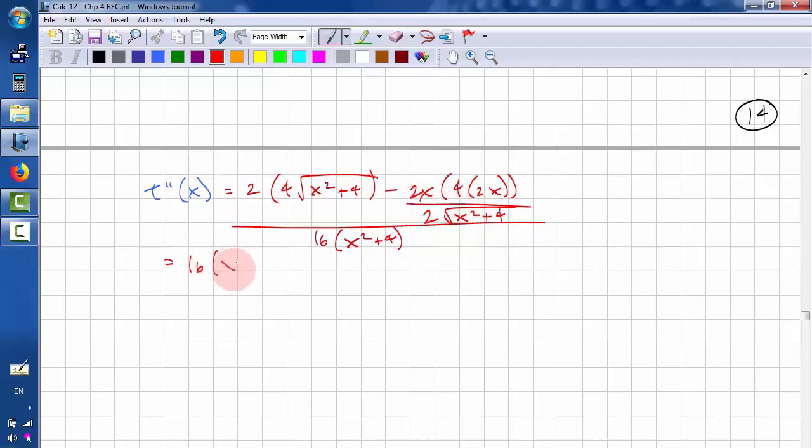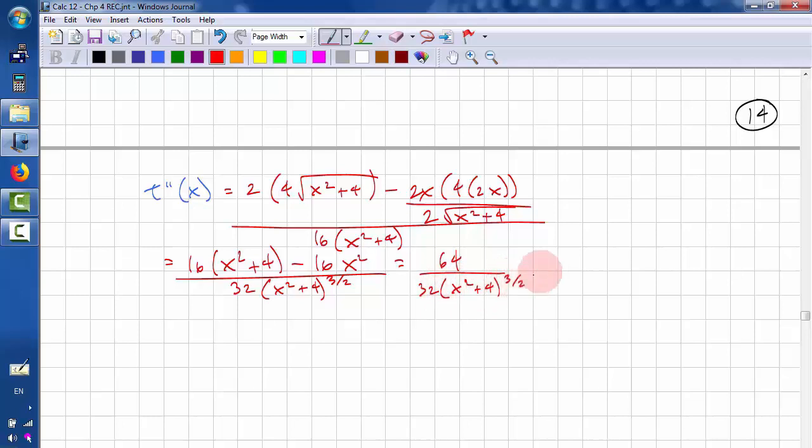So that gives us 16 times x squared plus 4 minus 16 x squared, all over 32 times x squared plus 4 to the power of 3 over 2. And these 16 x squareds cancel out, so it's a little bit easier. This leaves us with 64 over 32 times x squared plus 4 to the power of 3 over 2.